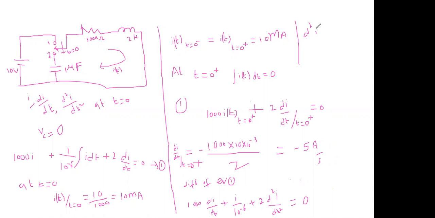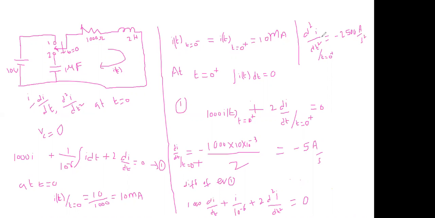Substitute the values and separate d square I by dt square. d square I by dt square value at t equal to 0 plus is minus 2500 ampere per second square.